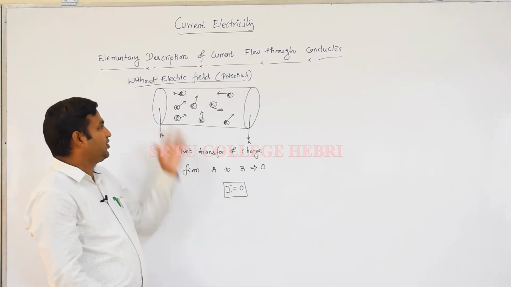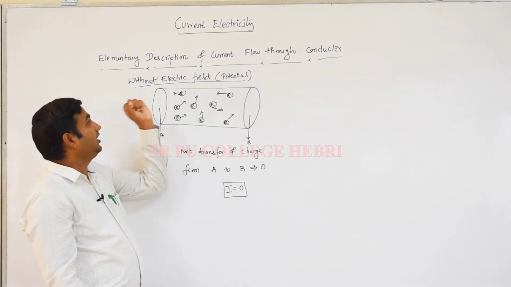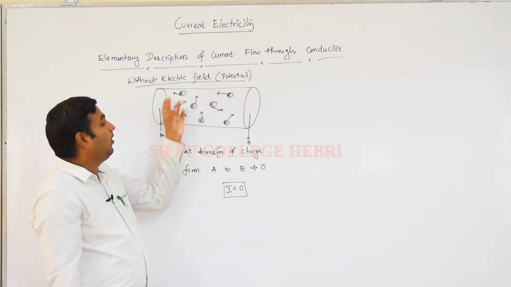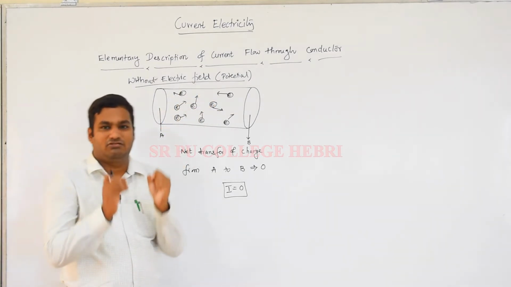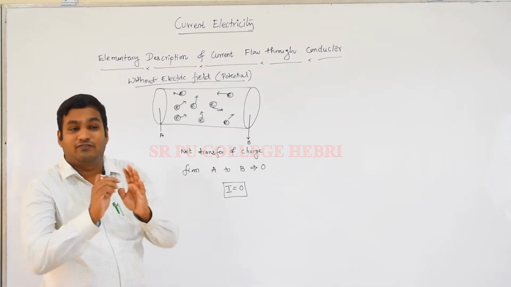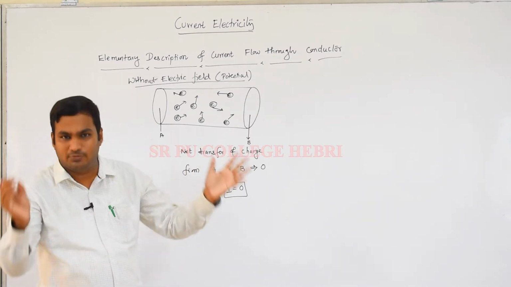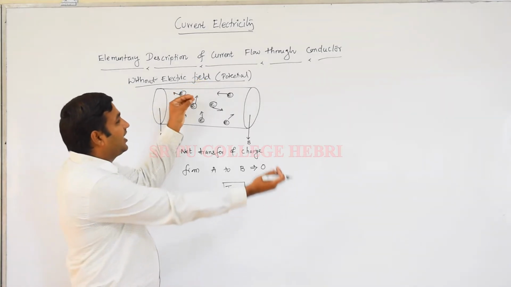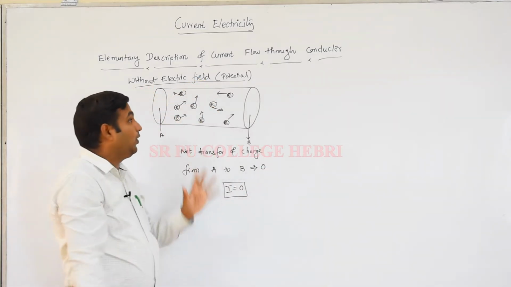The reason is that without applying an electric field or potential, all the electrons present in the conductor move randomly in different directions, or all possible directions. If one electron moves in this direction, another electron moves opposite to that.